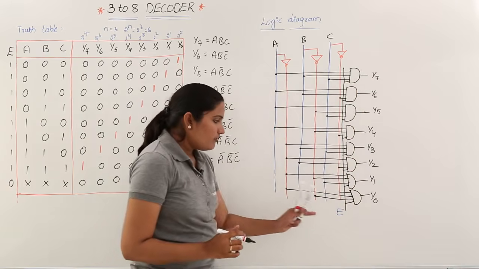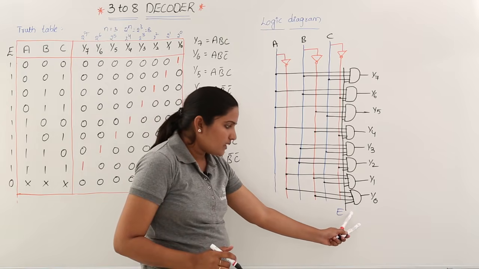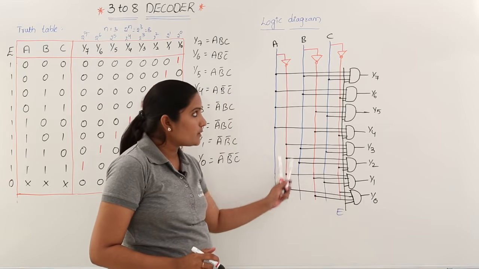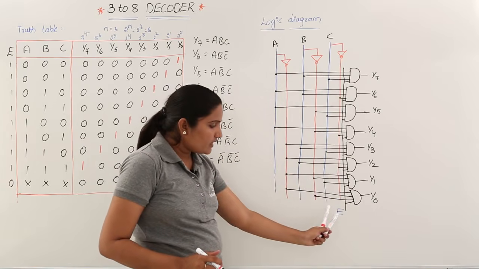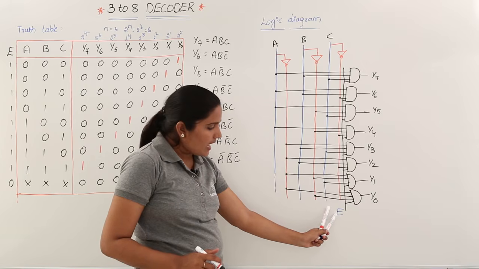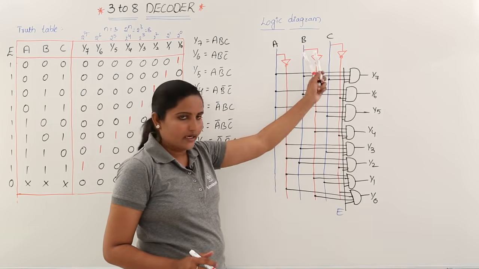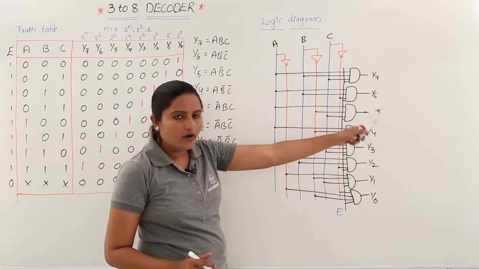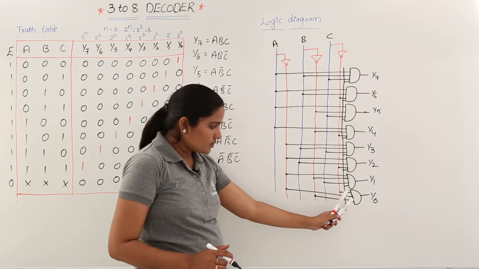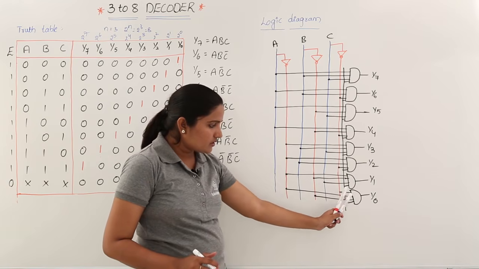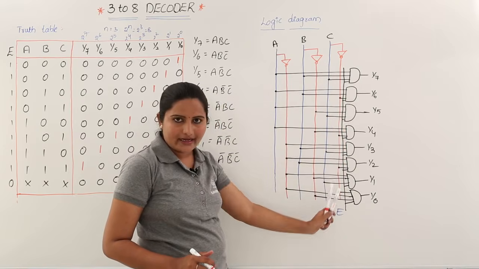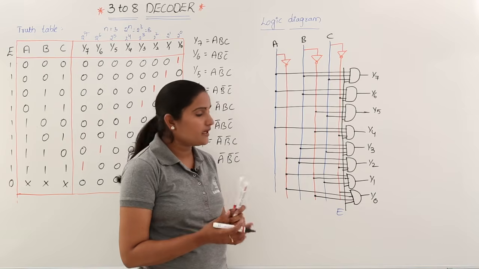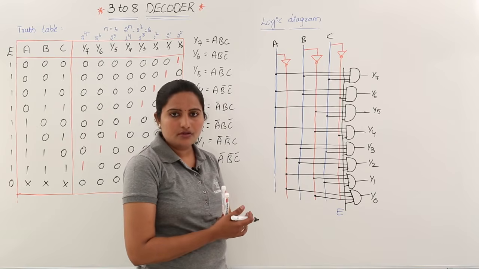Why? Because if enable is equal to 1, the AND gate outputs are going to depend upon the other inputs. Whenever E is equal to 0, as E is connected to all the AND gates, if any one input of an AND gate is 0, then the output is 0.